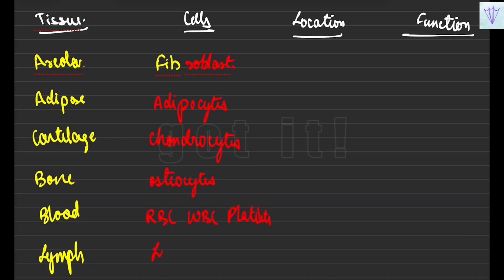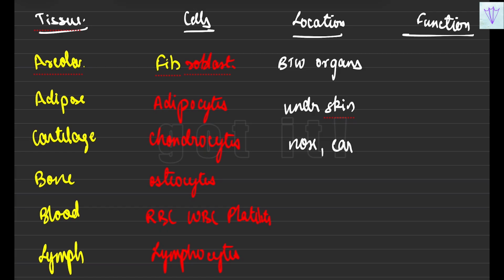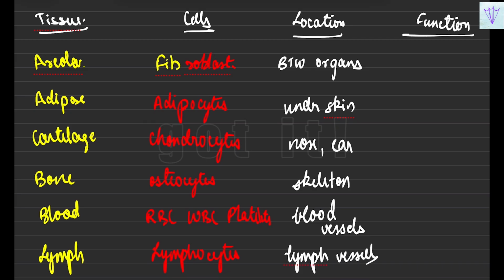And in lymph, we have the lymphocytes. Location is that it is in between organs. This is under skin. It is near nose and external ear. This is the skeleton, and this is the blood vessels, and this is the lymph vessels.